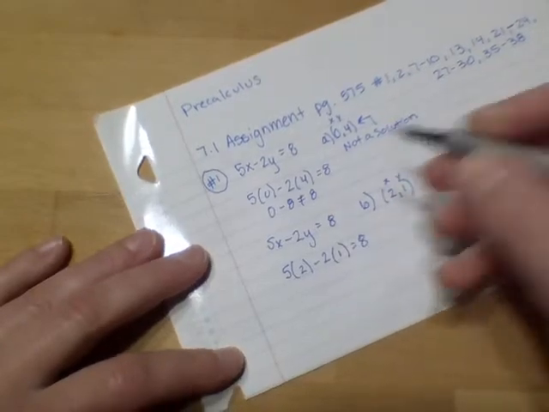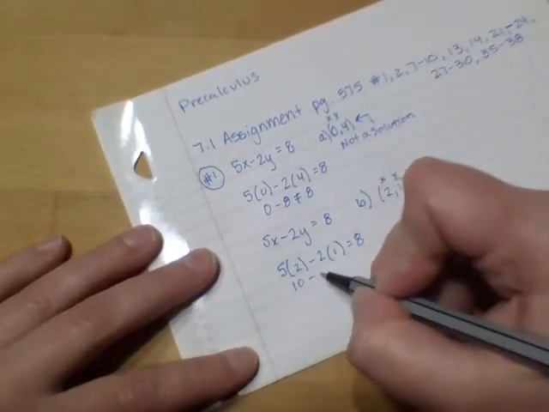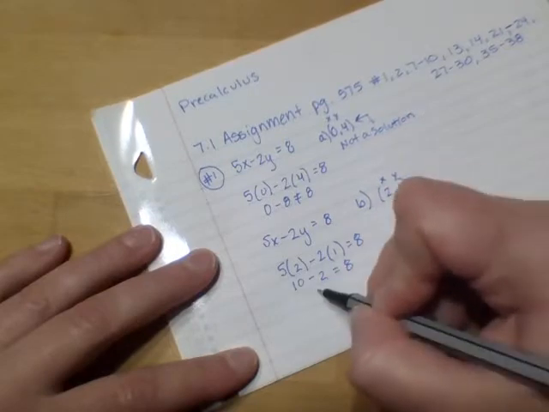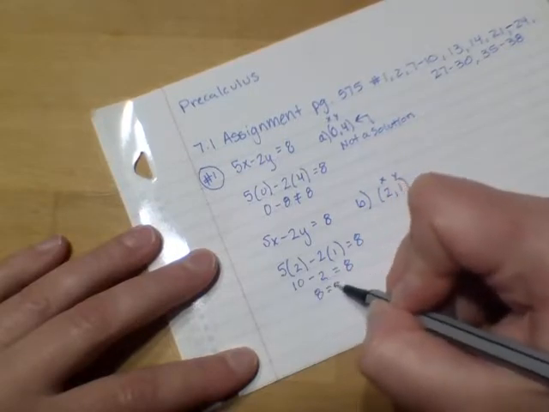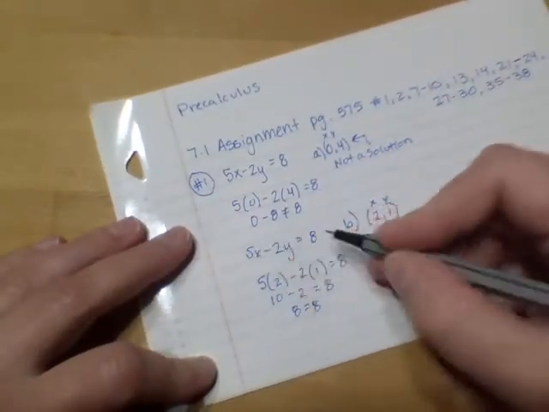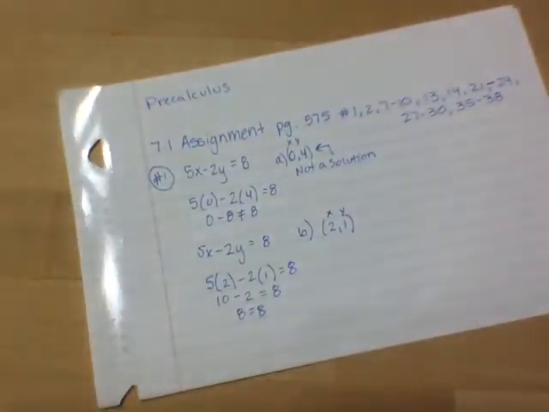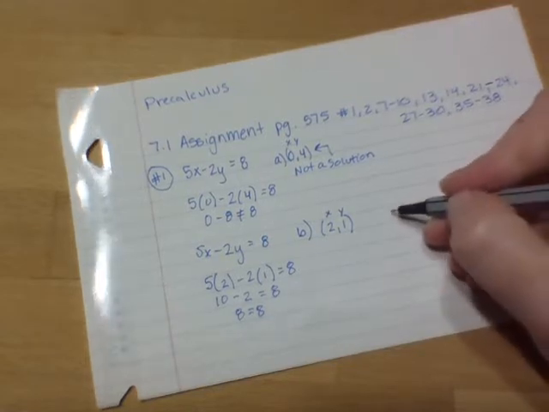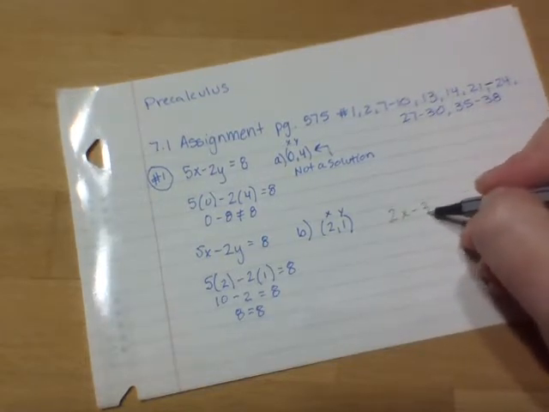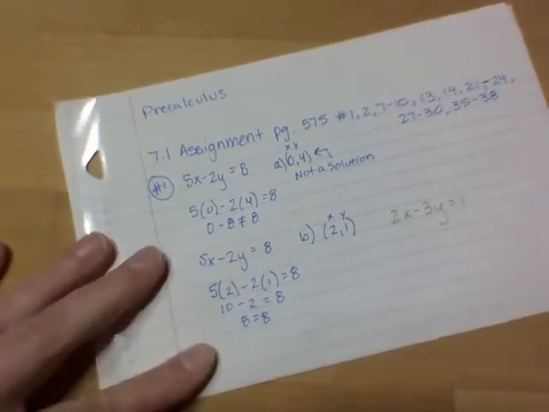So we're going to be doing a lot of very basic algebra here. And 10 minus 2 is 8, and 8 equals 8. So it is the solution to this equation, but that means that we then need to try it in the next equation. So the next equation that was in the system is 2x minus 3y equals 1.